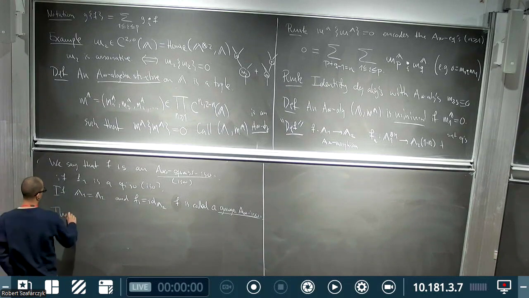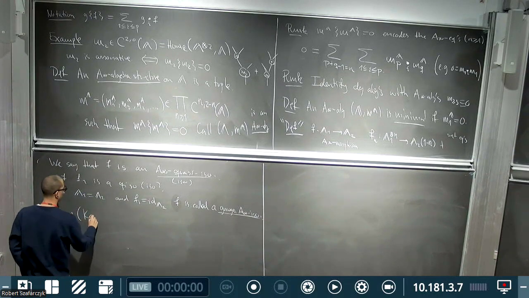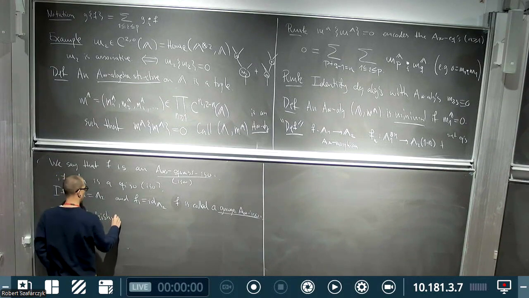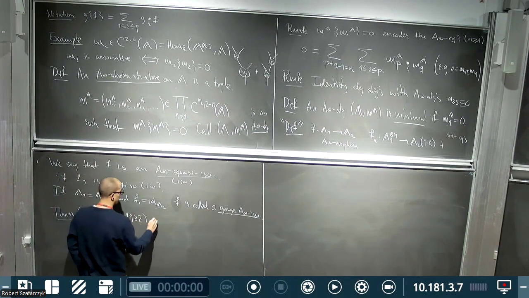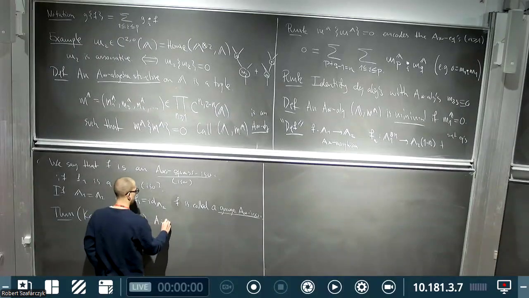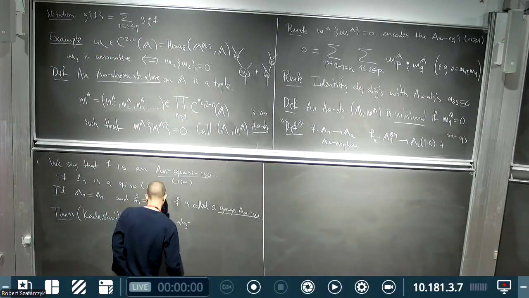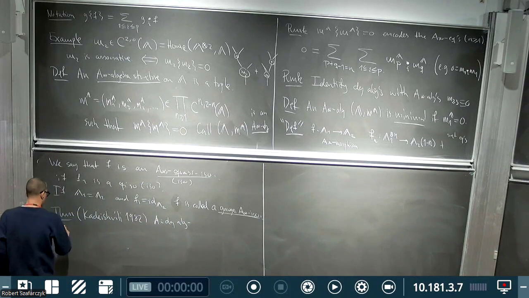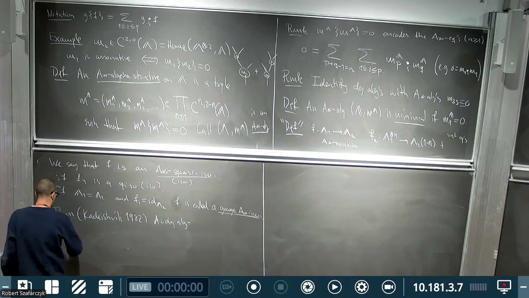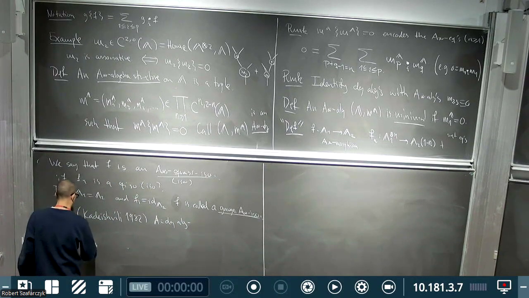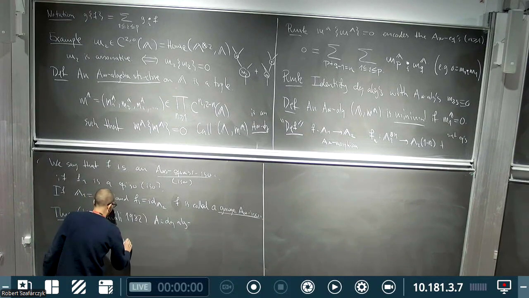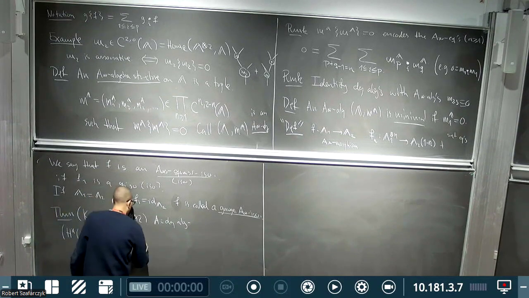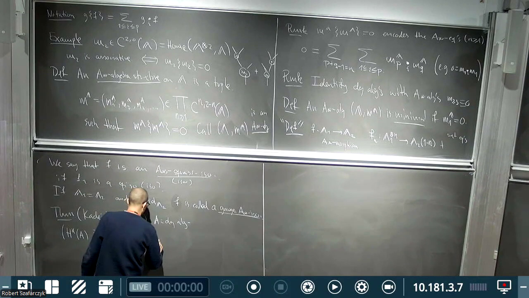One reason, remember, was the theorem of Kadeishvili that said for a DG algebra A, the homology of A admits an induced minimal A infinity algebra structure.